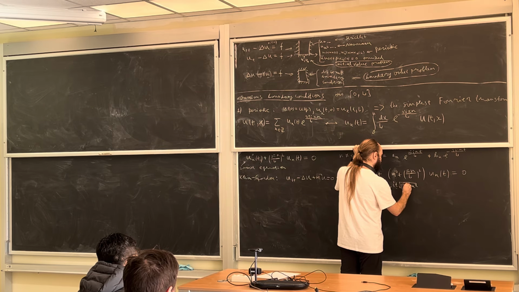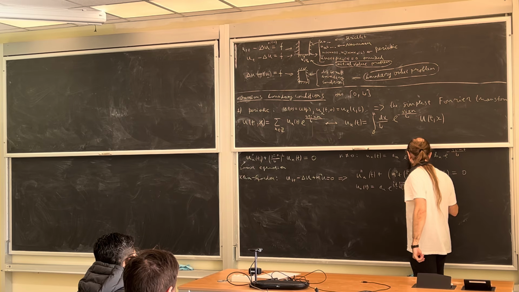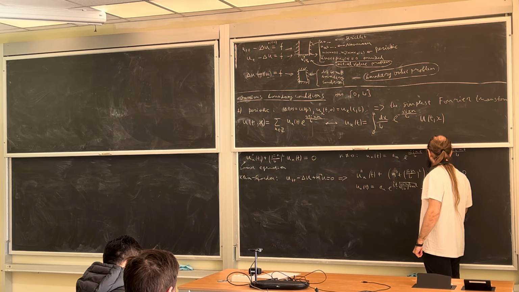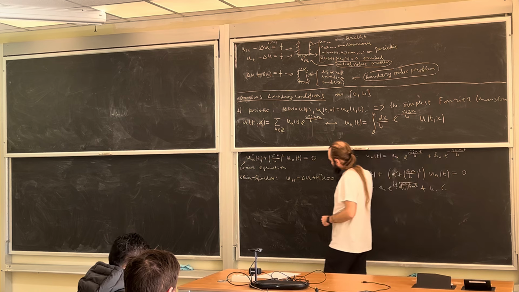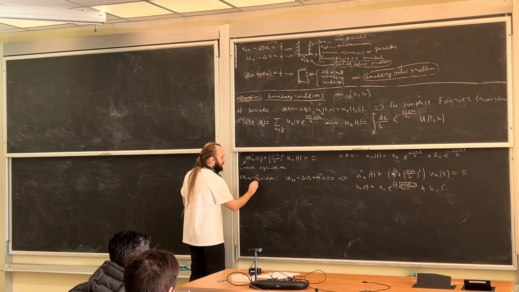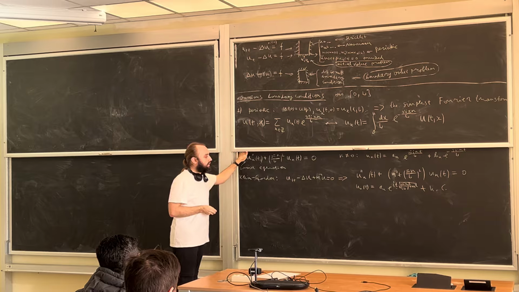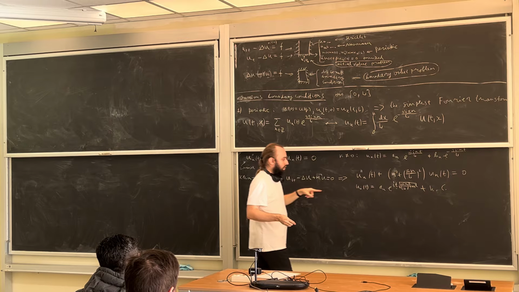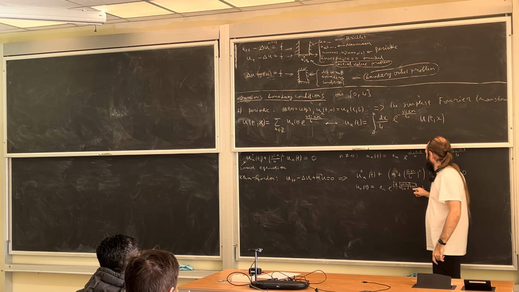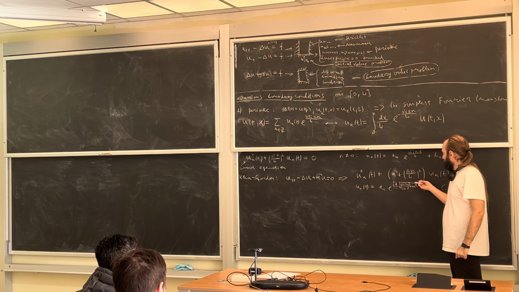So squared plus m squared plus complex conjugate. And this is called dispersion law, but it's just a name.